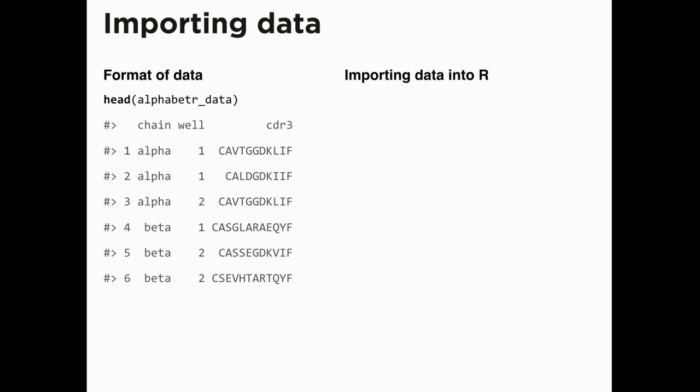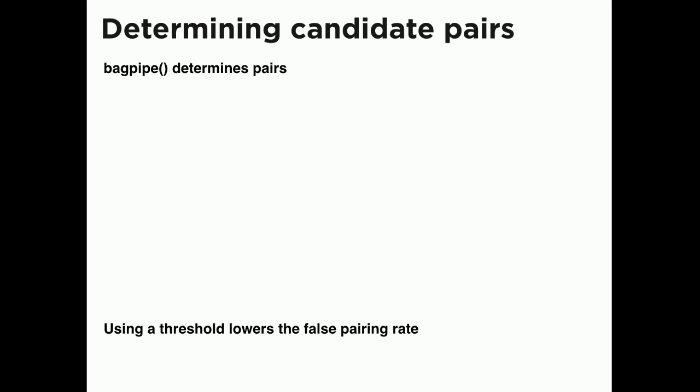The first column records if it's an alpha chain or a beta chain. The second column records which well it came from, and then the third column is the actual sequence. And then there's a function here that just imports it into R in a way that alphabetr can use it.